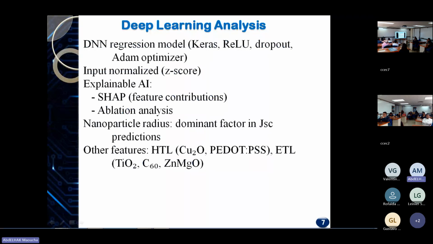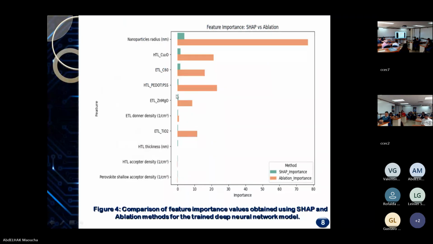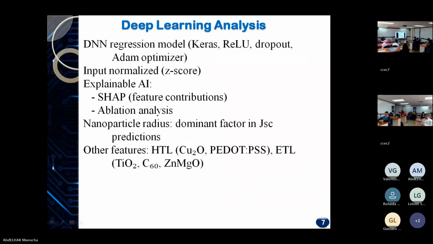To perform a deeper analysis, we built a dataset from 1,638 simulation runs. The dataset includes both categorical and numerical features such as ETL, HTL, nanoparticle radius, doping concentration, and thicknesses. The target value was the short circuit current, with an average of 23.94 milliampere per centimeter squared and a maximum of 13.91 milliampere per centimeter squared.